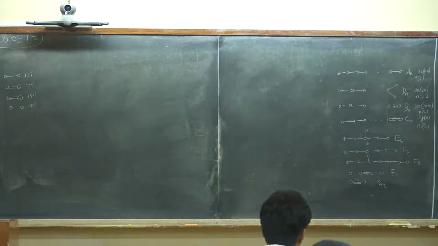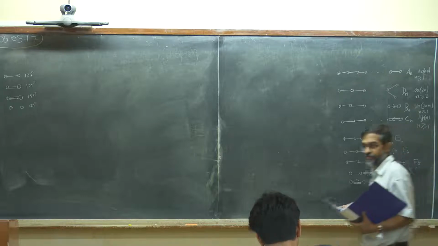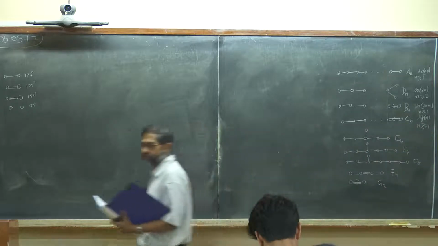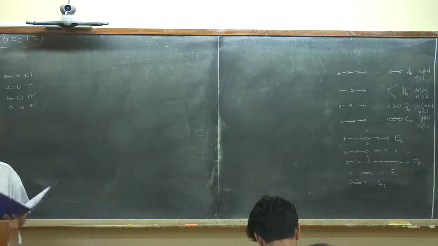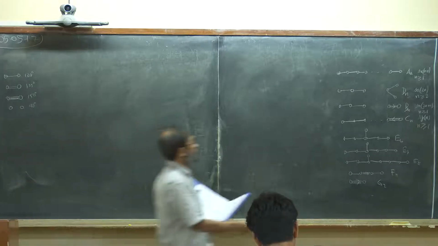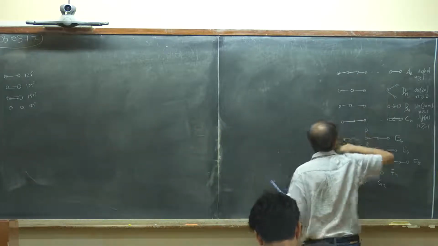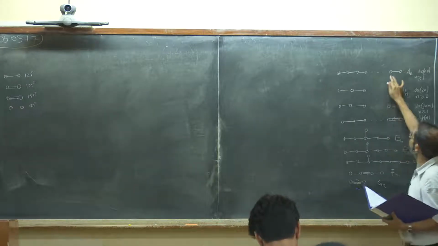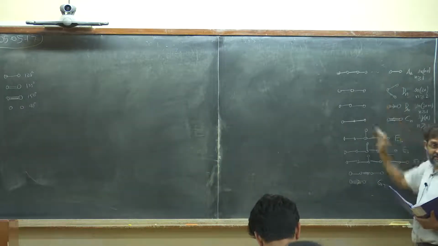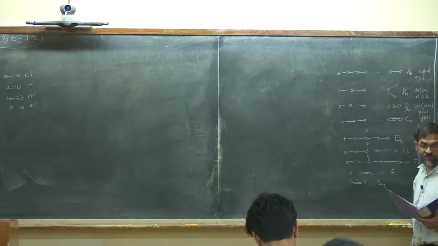The reference that I sent today to the mailing list has a very nice description of the root system of these algebras, the classical Lie algebras, and you can convince yourself that these are indeed the root systems of those things. It requires a bit of work.